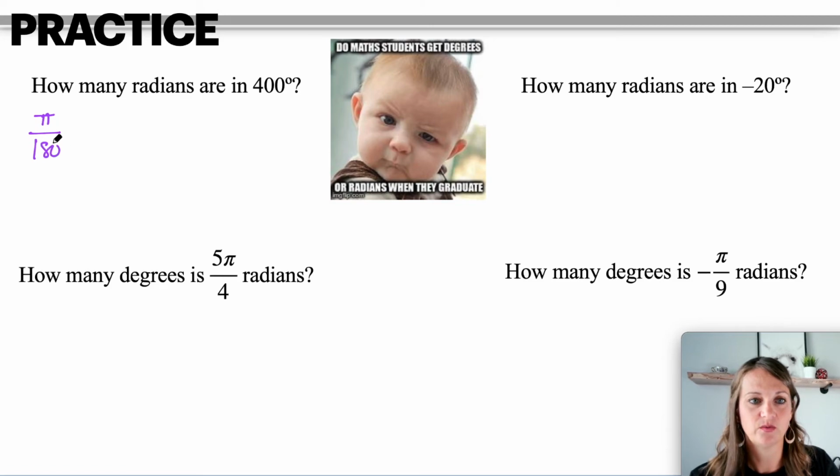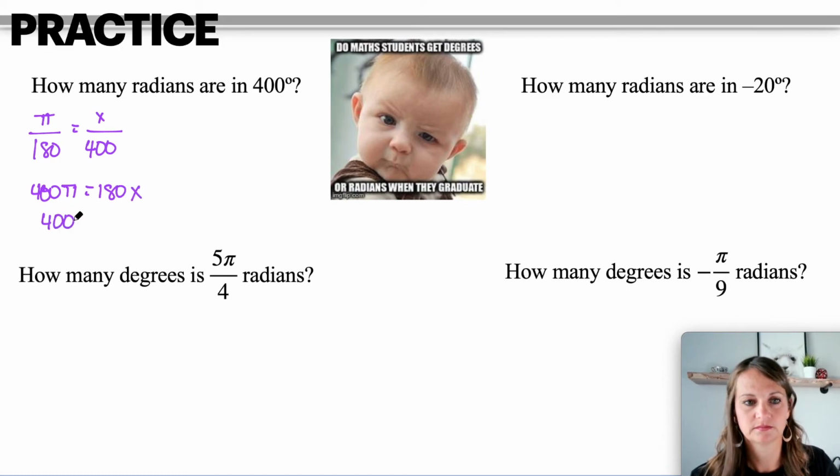Okay, so you put 400 here because it's with the degree. So that should get you 20 pi over 9.